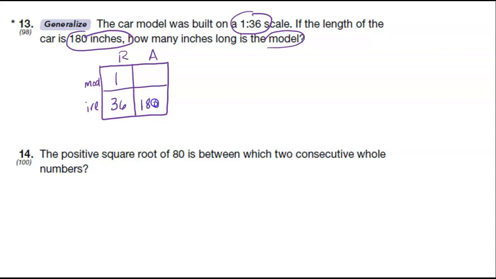In real life, it's 180 inches long. How long is the model? So then we have 1 over 36 is equal to x over 180. We cross multiply and divide and get a number. Like, let's see, 180 divided by 36. 5. Lovely.